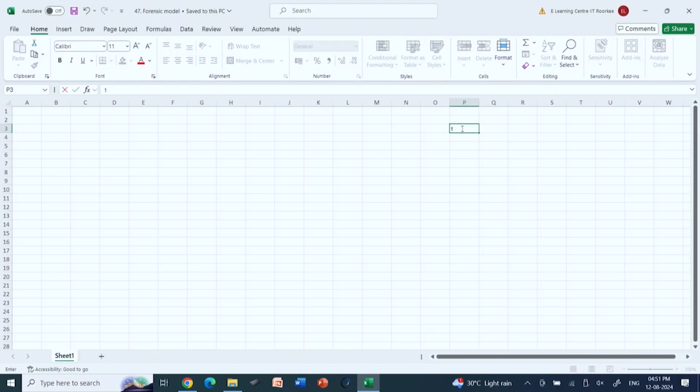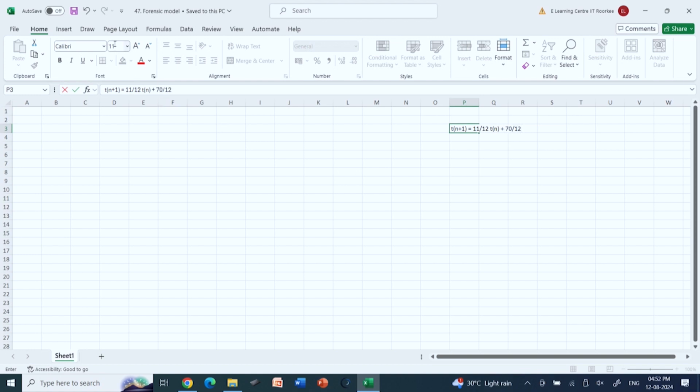is Tn plus 1 equal to 11 by 12 Tn plus 70 by 12.